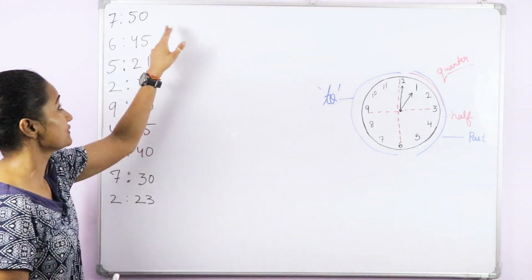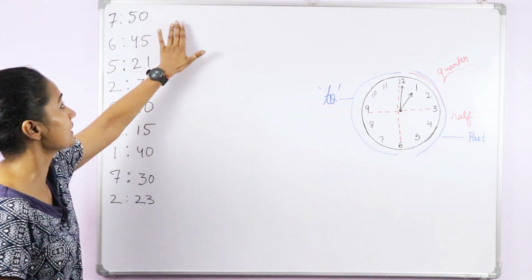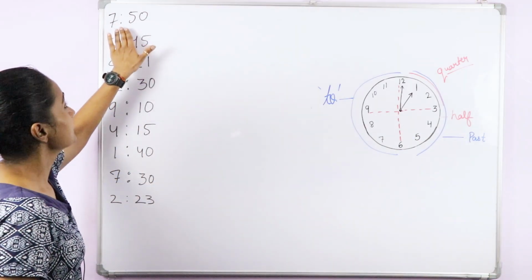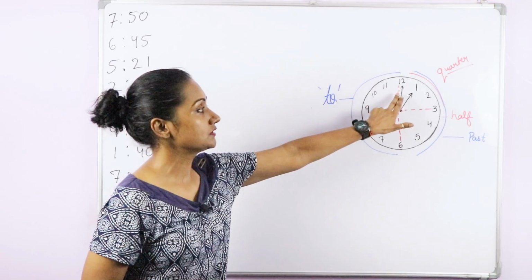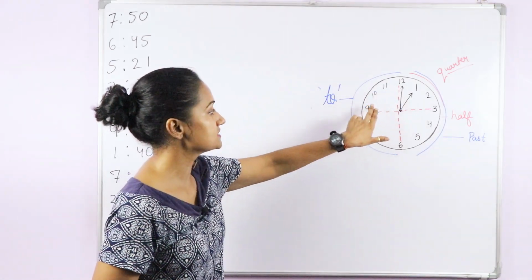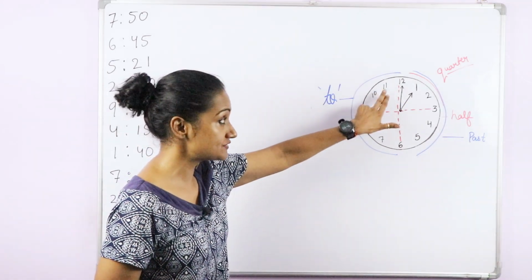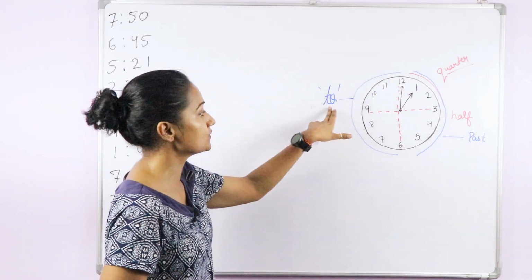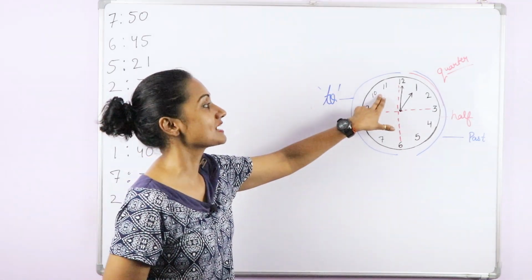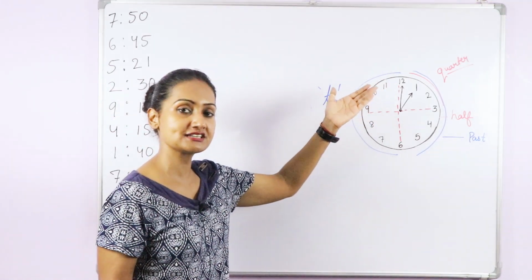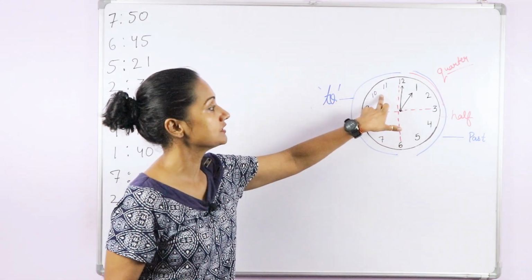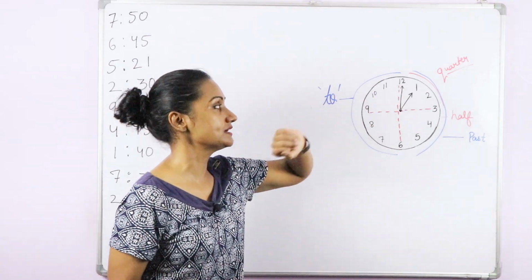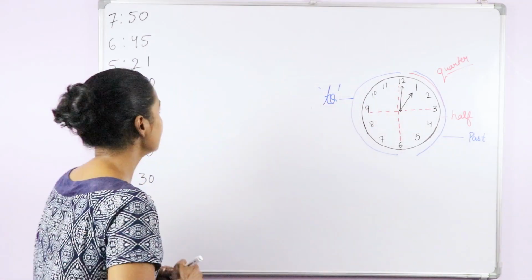So first is 7:50. How are we going to write the time here? 7:50, so that means the minute hand comes here, 50 comes here. So we are going to use 'to', and the next hour. What comes after 7? 8. So the hour should be 8, and 50 means after 10 minutes it will be 8 o'clock.